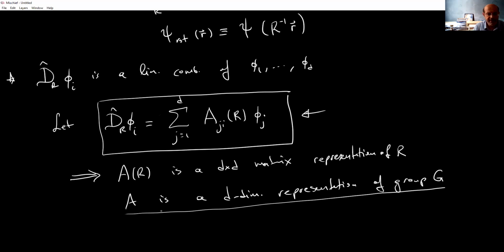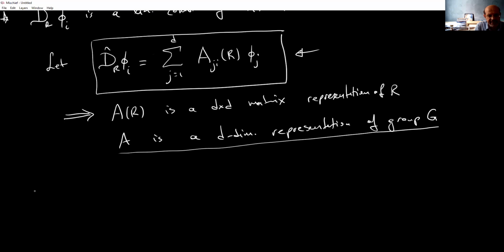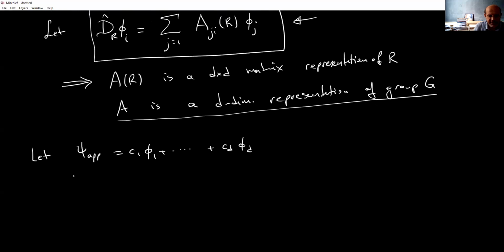The second thing is this, so let's see it like this. I'm talking about this approximate wave function, which is just a linear combination of all of these. That's basically the sum of C_i phi_i.